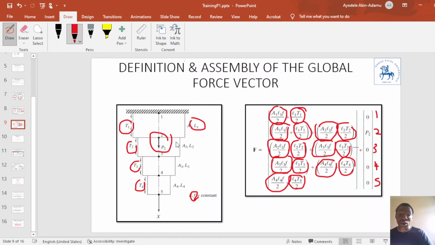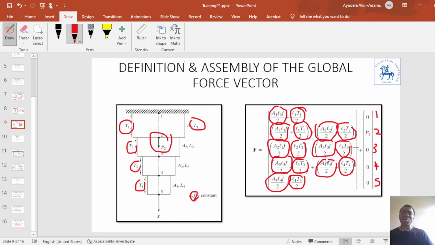For the point load, the only point load acting on this body is at node 2, so P2 is written here, and at the other nodes we put 0. These two vectors are added together to form the global force vector.